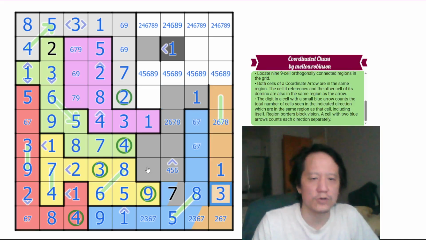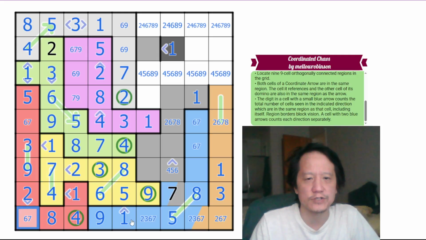How does this work? We have 1, 2, 3, 4, 5 regions. Oh, this is not medium.